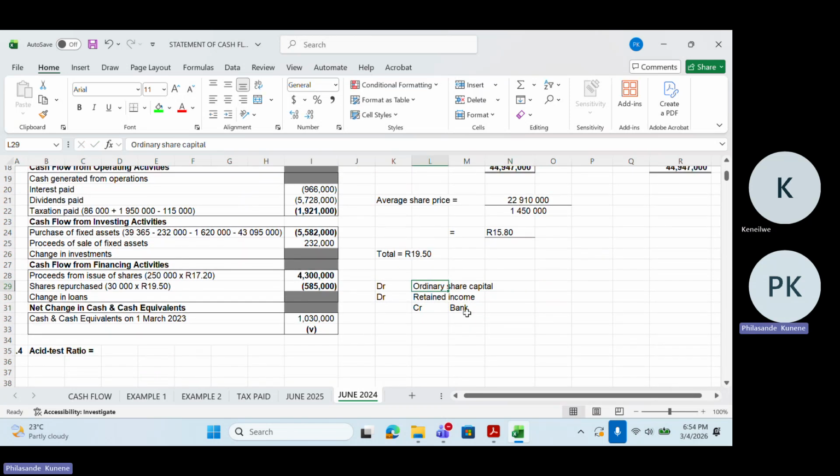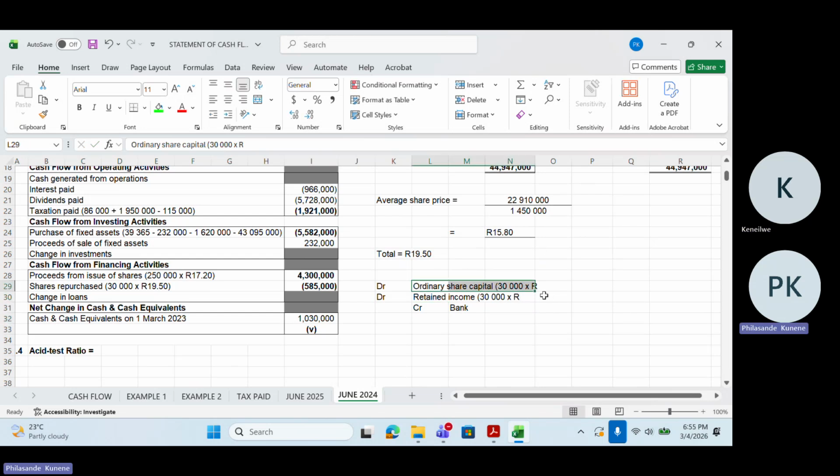Now, I want us to put the values then. Ordinary share capital, we said here it's going to be 30,000 multiplied by how much? And under retained income, I'm going to have 30,000 multiplied by how much? Ordinary share capital, we're using the average.